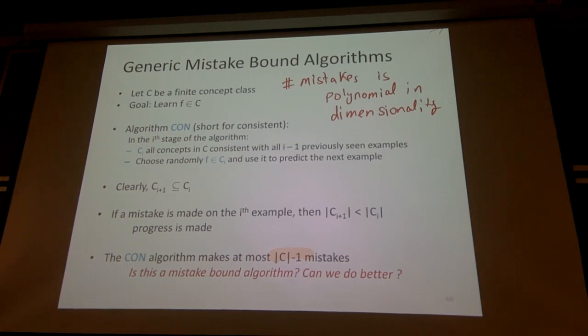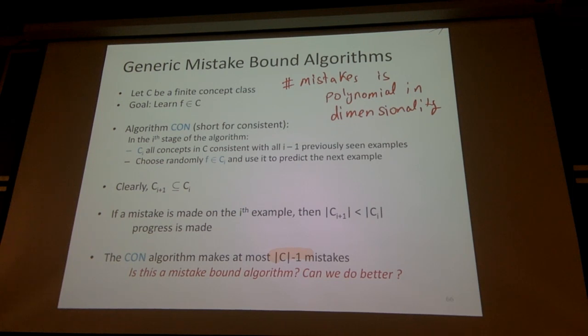In order to make any statement about whether this is a mistake bound algorithm, you need to connect the dimensionality with the size of the concept class. It turns out for a lot of interesting functions we can. Of course, in the limit, not necessarily, but very often we can.